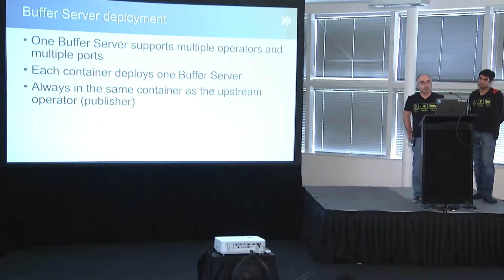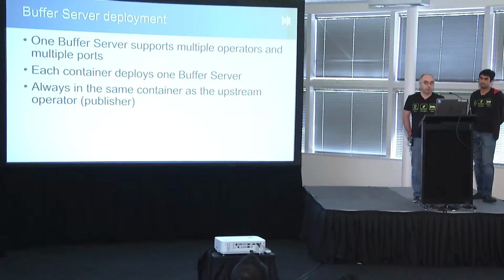Basically, if downstream containers die, or there is a failure in the downstream operators, they can always go and resubscribe from the upstream operator's buffer server. The upstream operator doesn't even know about the downstream operator failures.